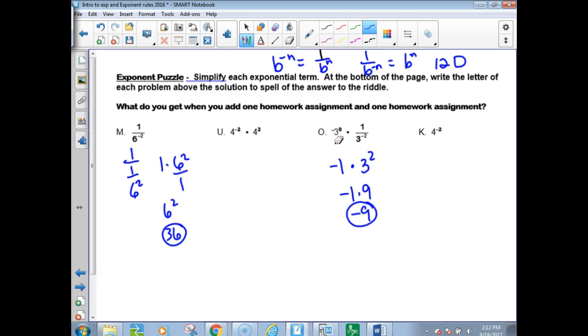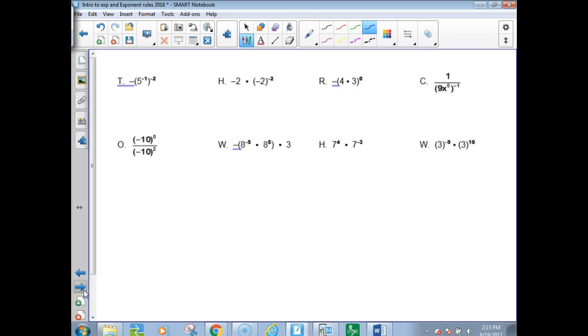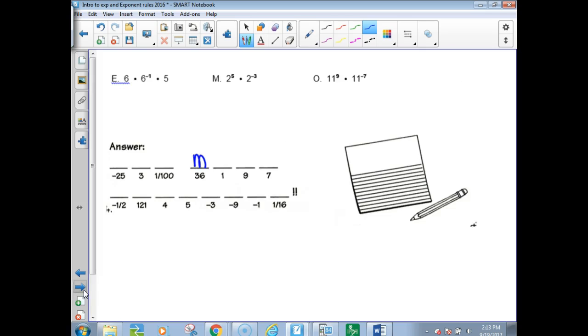Now, if that negative 3 had been in parentheses to the 0, it would have been positive 1. Okay, so we have to know anything to the 0 power is 1, but if there's no parentheses around the negative sign, it applies. So the answer to O is negative 9. And then you go down here, find negative 9, and you put your O.